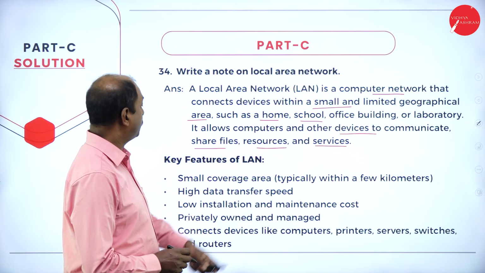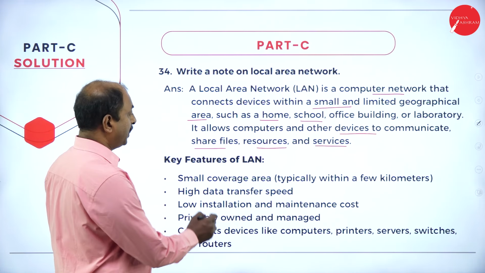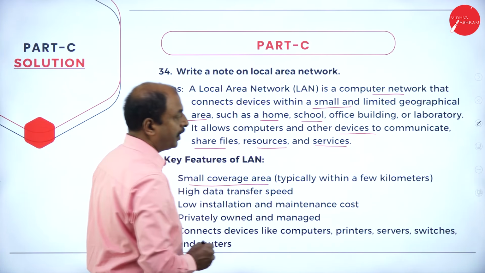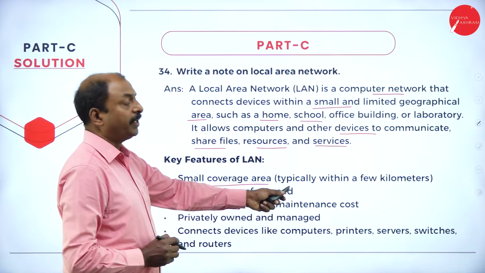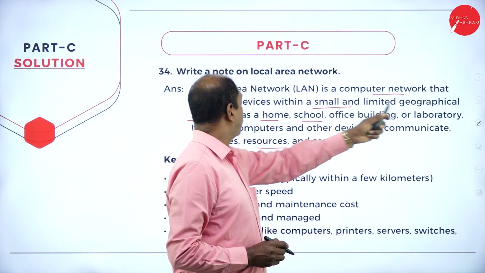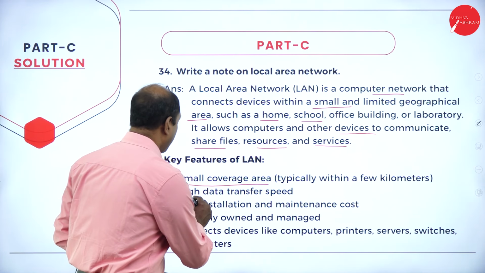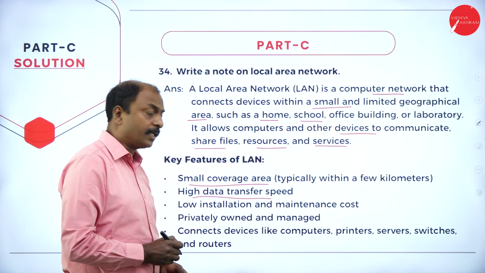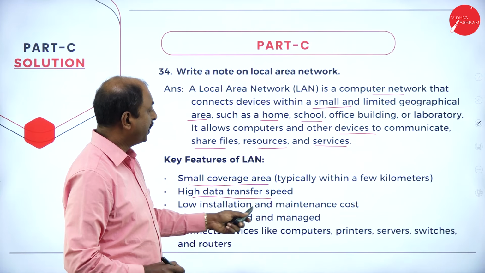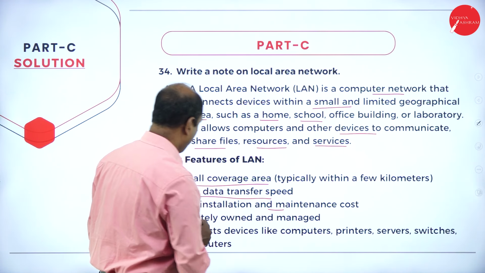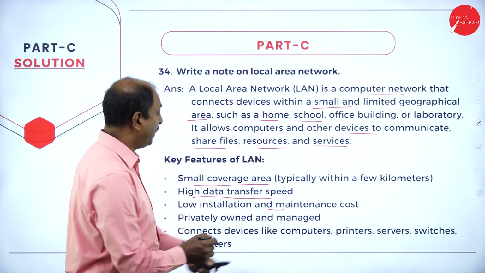And what are the features of this? It has a small coverage area, that is, a limited geographical area. High data transfer speed: LAN supports high data transfer speed, low installation and maintenance cost, and is privately owned and managed.